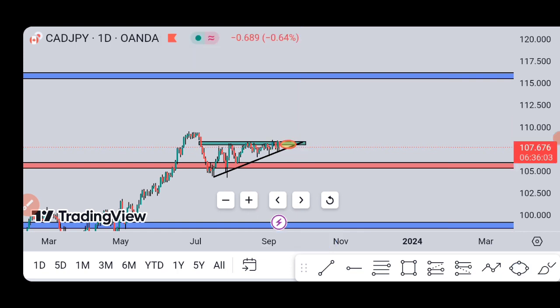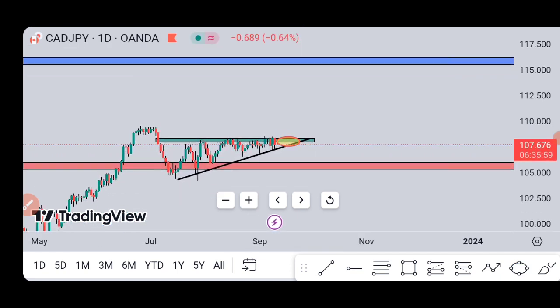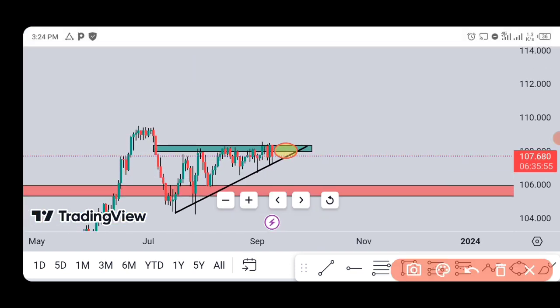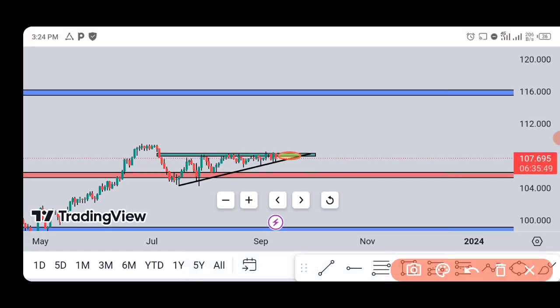Once the market is done playing, it will give you an entry point. You enter, stop loss, first TP, second TP. It's done.